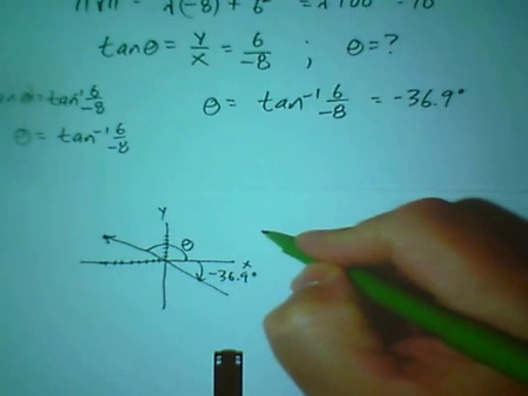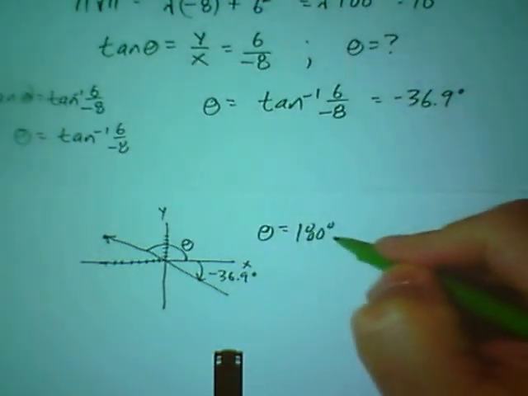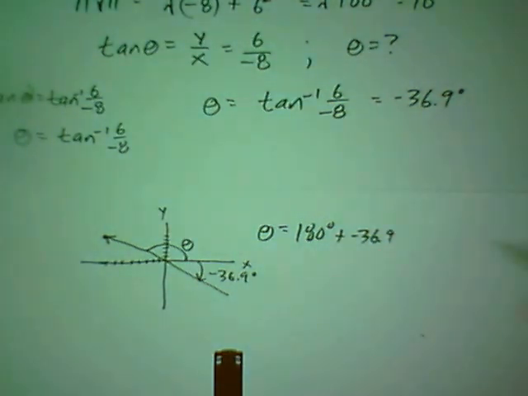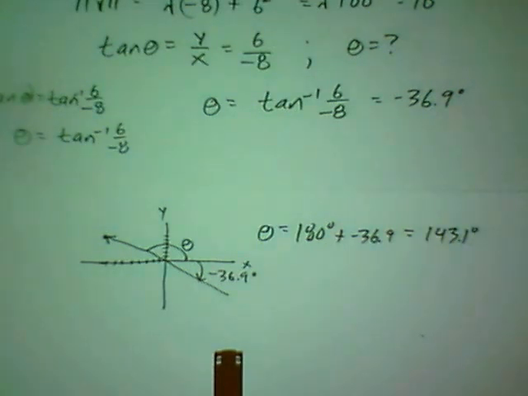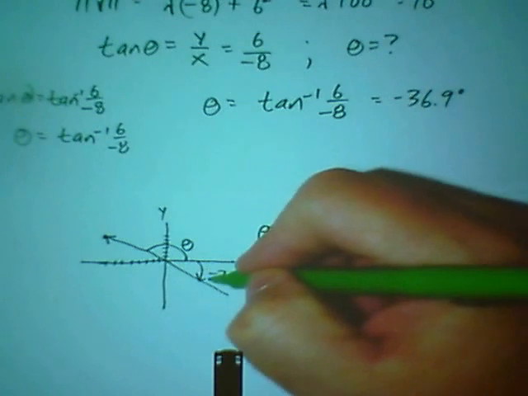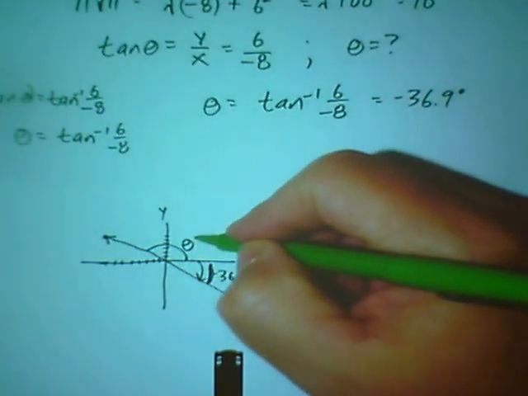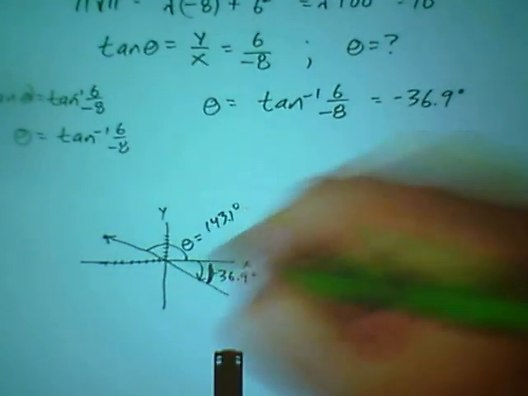So my actual angle is going to be 180 degrees plus this -36.9, and the actual angle is 143.1 degrees. And that looks about right. So this total angle right here is 143.1 degrees.